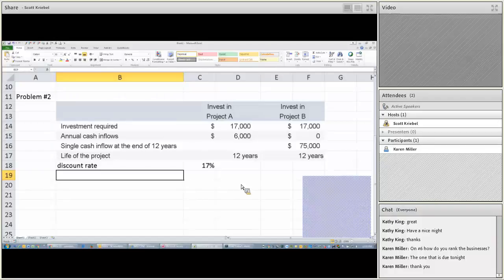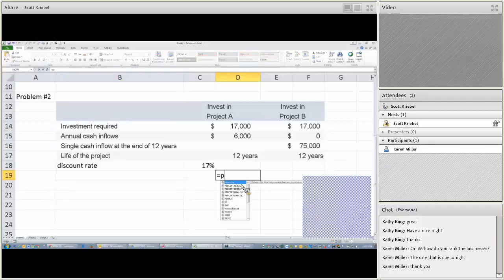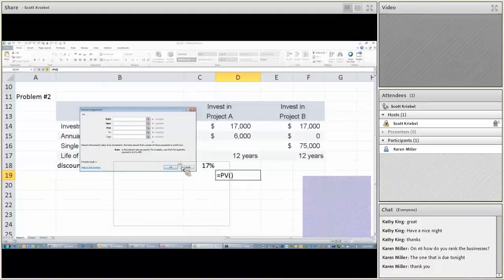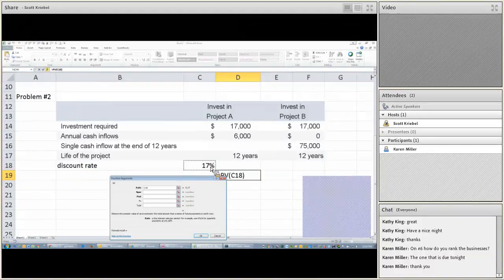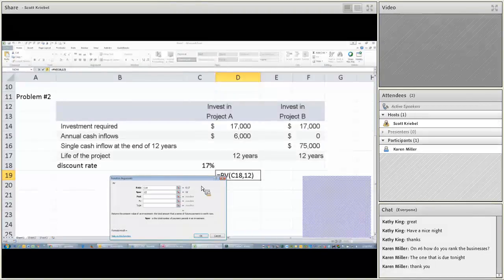Okay. All right. So again, we're just going to do the present value formula, and we'll go ahead and expand the box again. So in this case, our rate is 17%. Our NPER is, I'm just going to type in 12 since I've got a word in there. That won't accept it. So our payment for project A, we get an annual cash flow of $6,000.